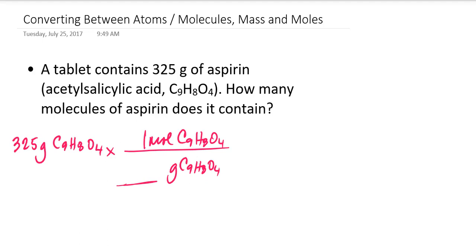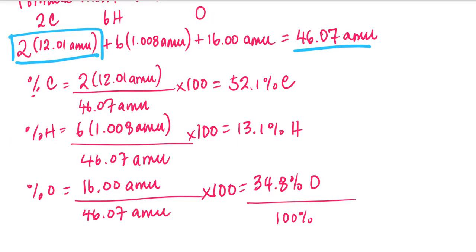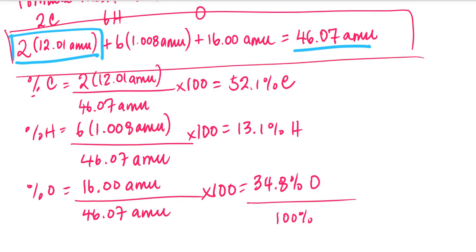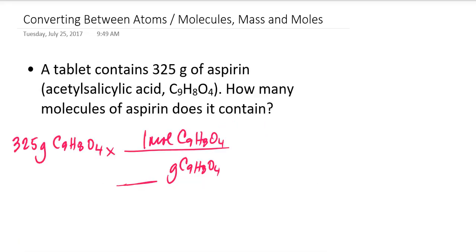That means I need to find the molar mass of aspirin, which is the formula mass expressed in units of grams per mole. If I go to the periodic table and do the same procedure that I demonstrated in the percent composition example earlier in the tutorial, I find that the molar mass of aspirin is 180.2 grams of aspirin per 1 mole of aspirin.